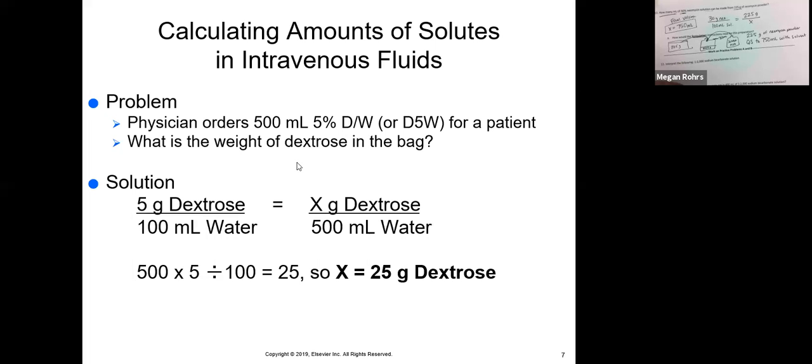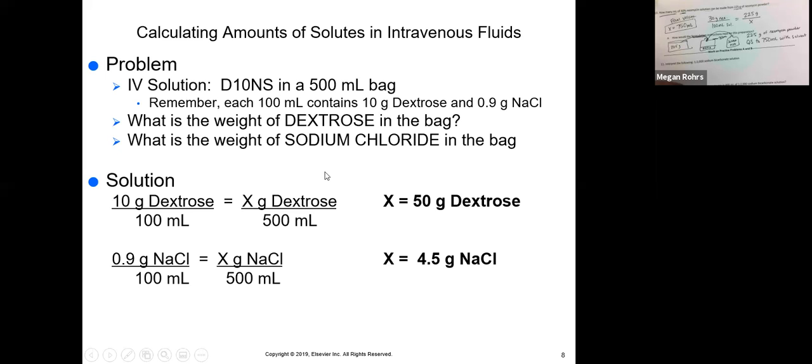Okay, so back to the slides. There's another example for percentage strength. If you'd like to go through that on your own, just really make sure you're reading your problems carefully, especially when we're looking at these combination solutions. Like this first question says, what's the weight of dextrose in the bag?